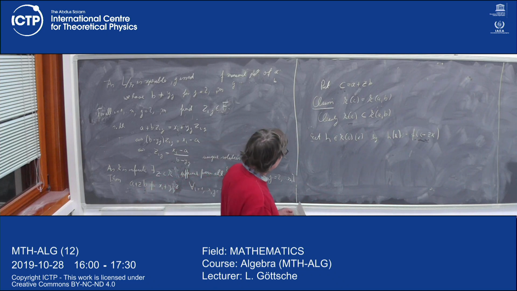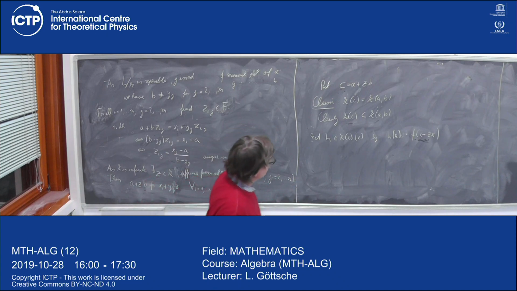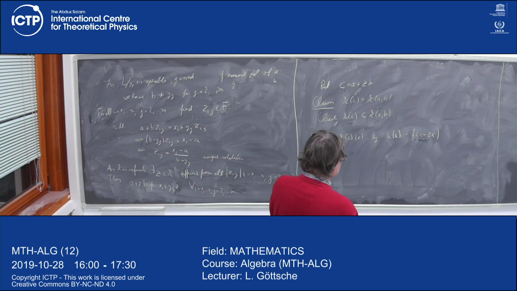So what we want to show is that this has a certain common divisor with g, and this will somehow allow us to show that b lies in K(c).